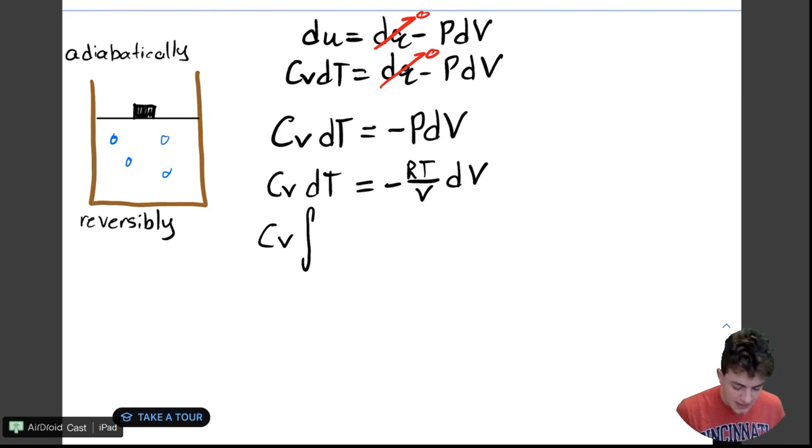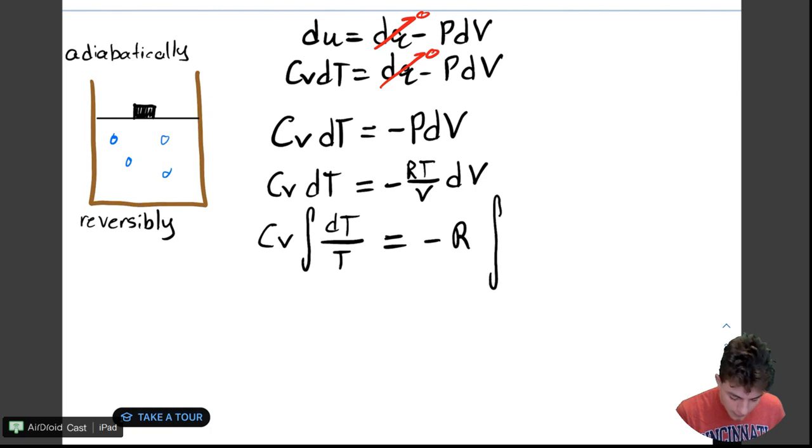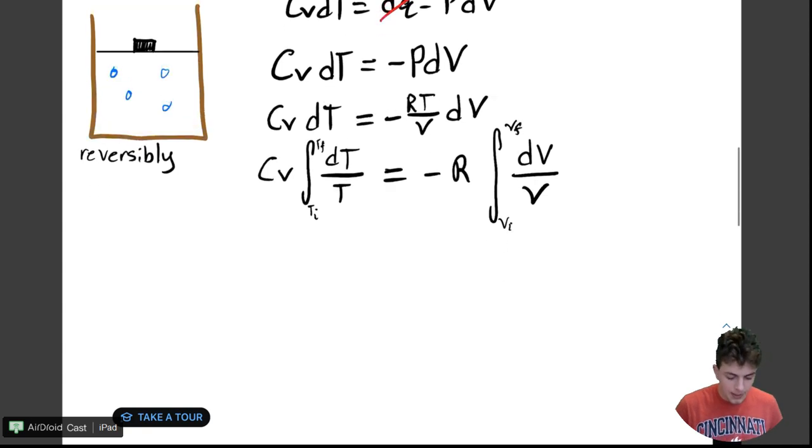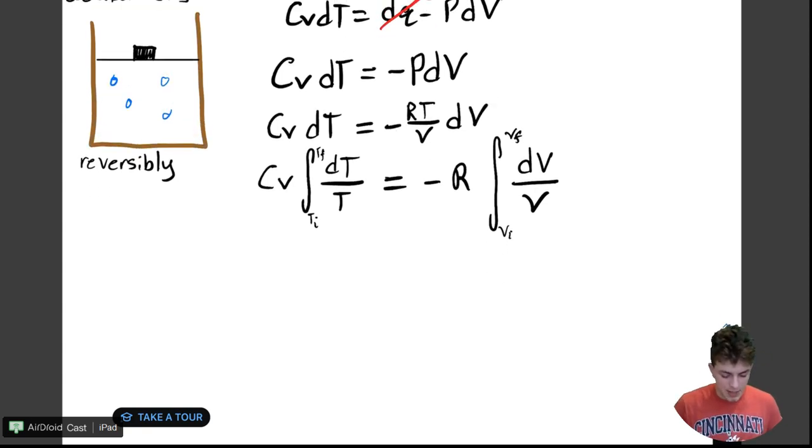Our specific heat at constant volume will be a constant. And we can just integrate from our initial temperature to our final temperature, and from our initial volume to our final volume. This relationship, then, is going to be fairly easy to solve.